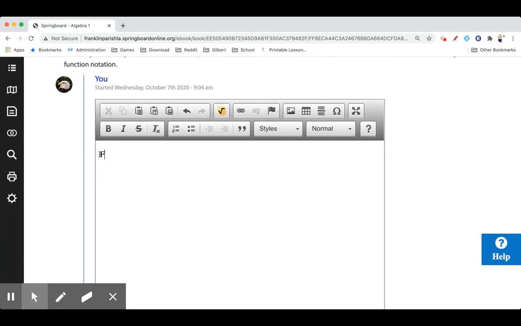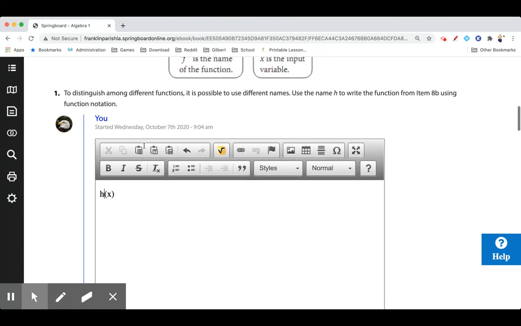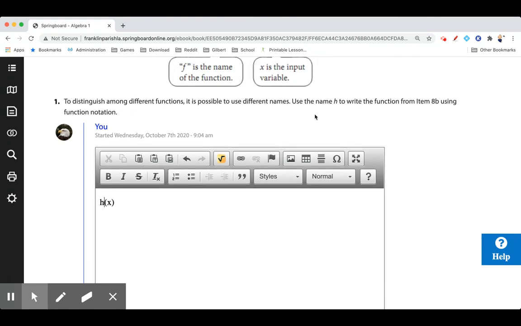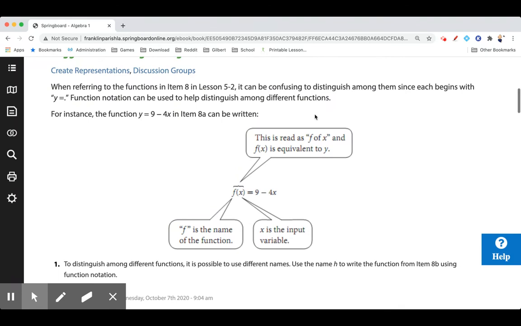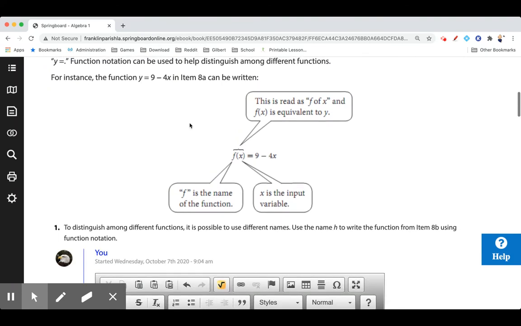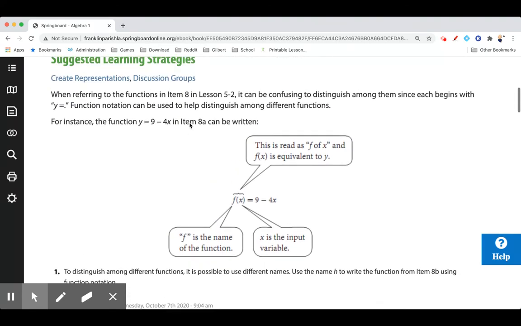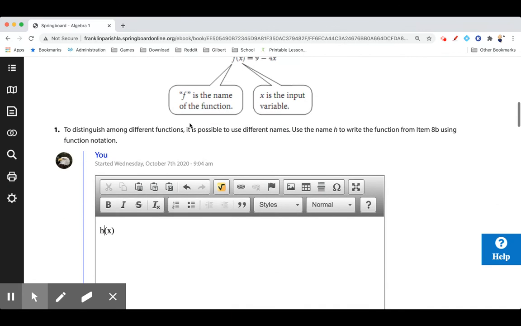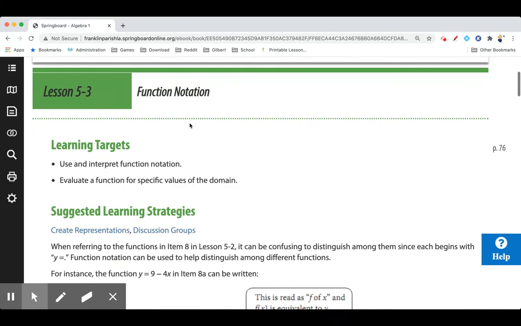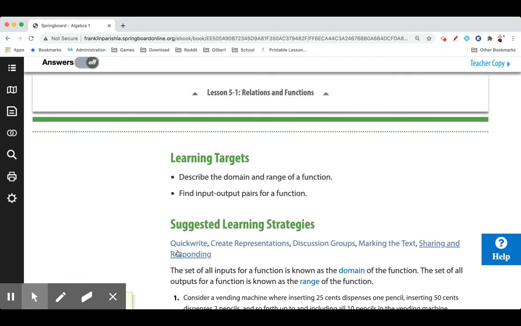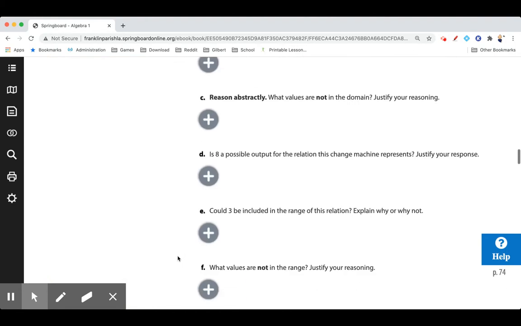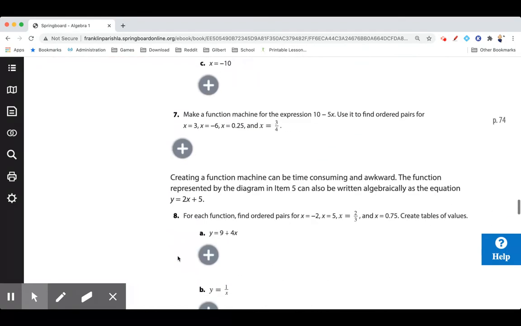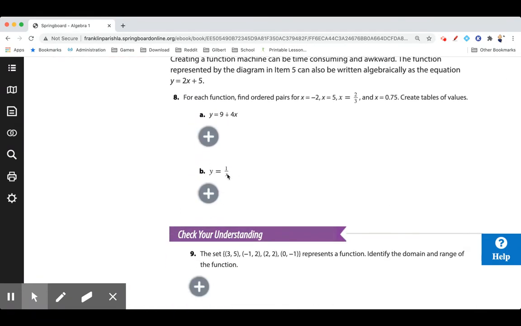So let's do what the problem says. We're going to have f of x. Oh, actually it says use h of x. It specifically told us to do h of x from 8b. So we'll go back and we'll see what 8b said. y equals 1 over x.